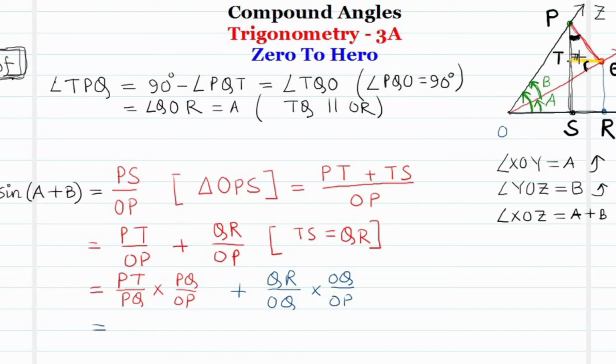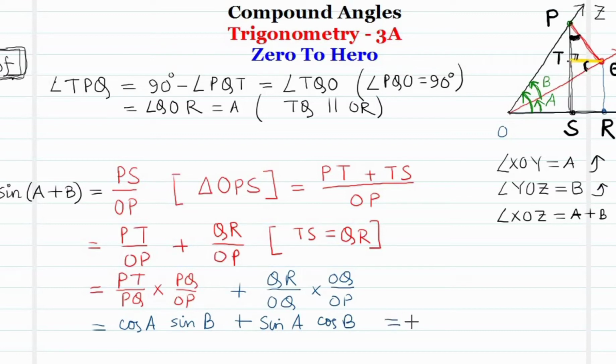Definitely this is equal to cos of A, and PQ by OP is equal to sine of B, plus QR by OQ is equal to sine of A, and OQ by OP is equal to cos of B.